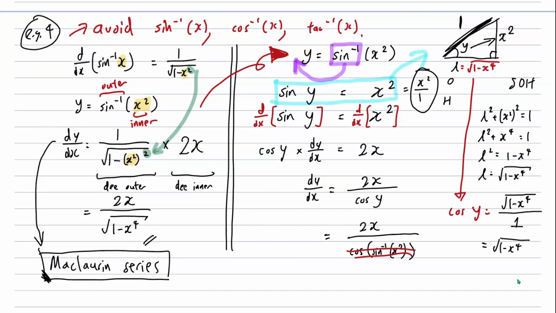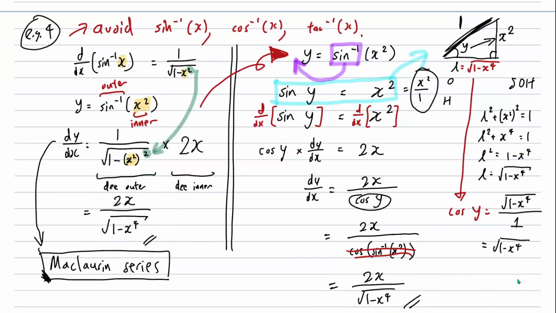Therefore, cosine y you can just sub in with square root 1 minus x power 4. So you end up with 2x over square root 1 minus x power 4. Ding ding. That's how you get your answer. Same as before. Okay?